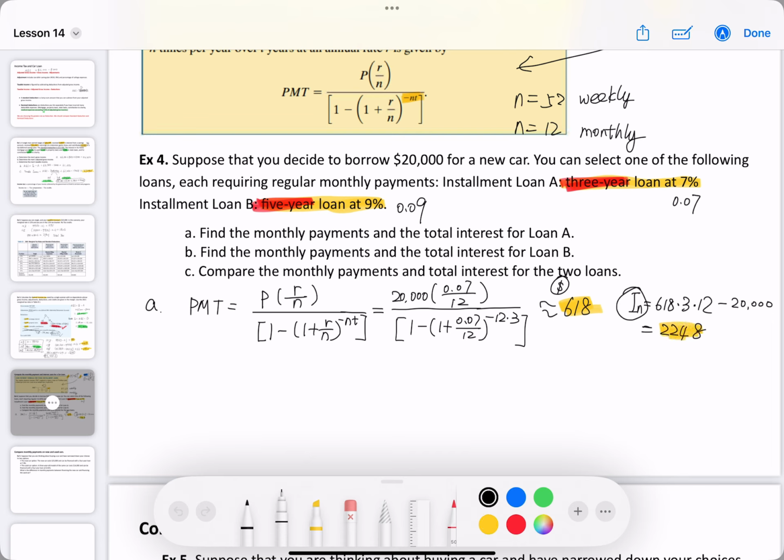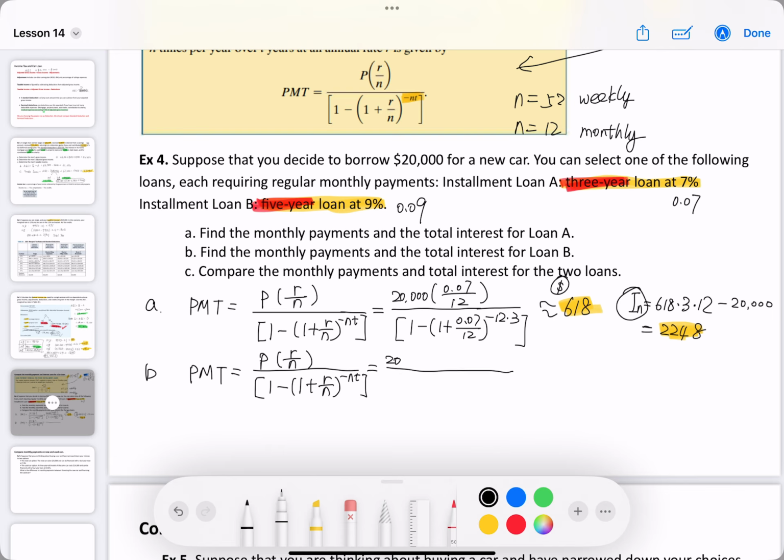Okay, the second question is asking you to find the monthly payment and total interest for loan B. Let's find the PMT first. PMT is how much money you pay each month, equals the formula P times R over N, all divided by 1 minus 1 plus R over N to the negative NT's power. So plug in all of the values.